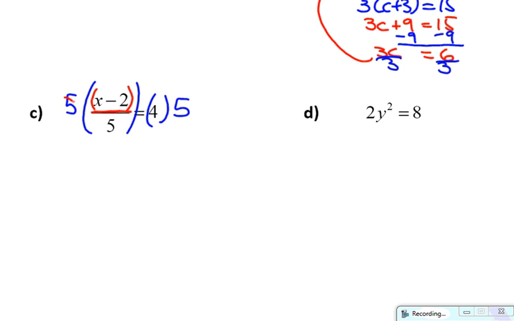That will leave us with x minus 2 is equal to 20. Now we can finish up by removing the 2 and subtract. So I'm going to add 2 as inverse. And that will leave me with x is equal to 22.